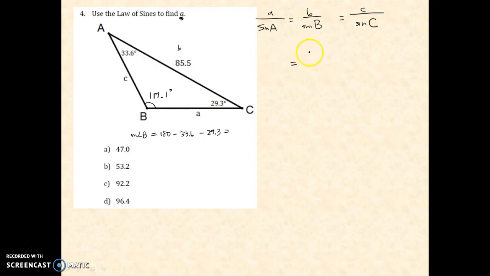So B is 85.5 over sine of 117.1, and I want to find A. So I'm going to do the A part over here. A over sine of, so now here's A, and then across from that is angle A. So sine of 33.6.